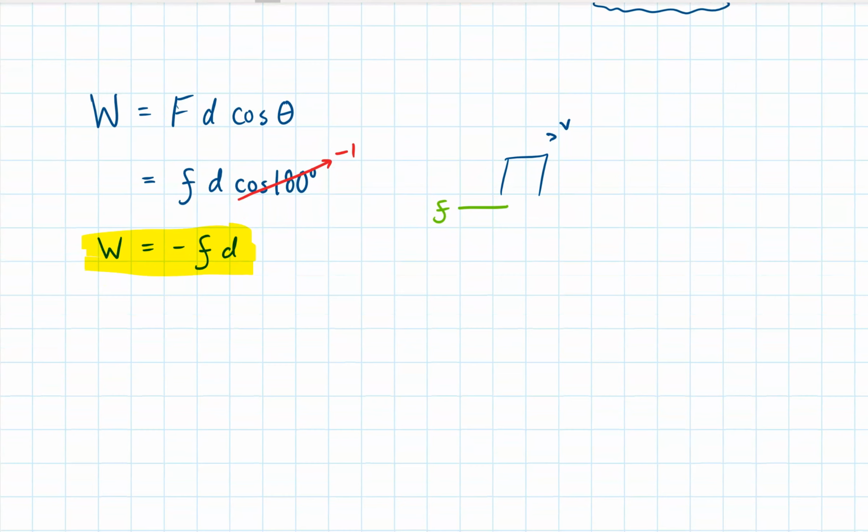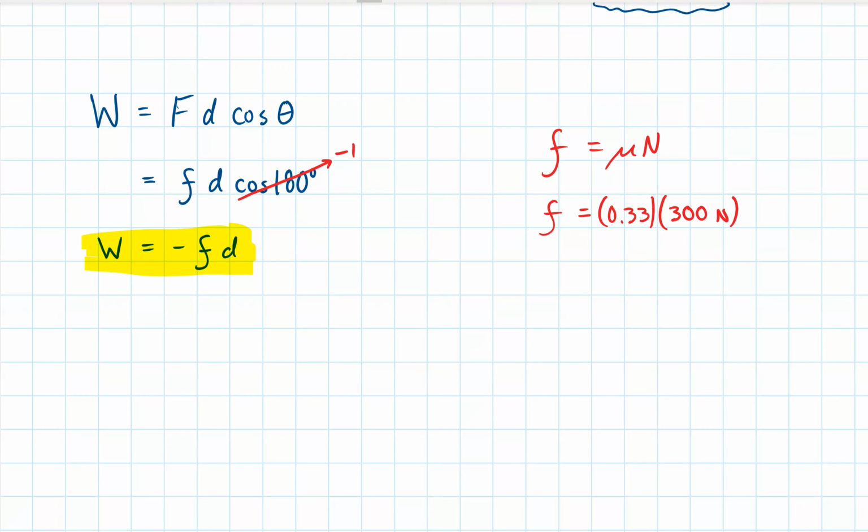And if I have the fun equation, and I know that mu is 0.33, and we just found out that the normal force is approximately 300 newtons, well, the friction force is then equal to 1/3 times 300. Friction force is going to be about 100 newtons. Okay, so that right there is my friction force.